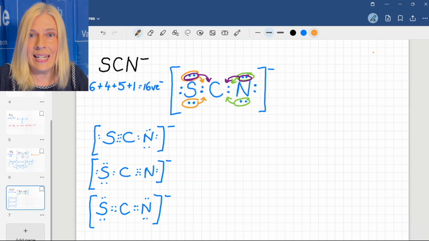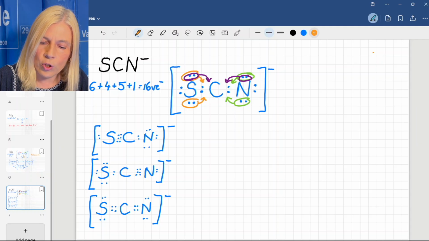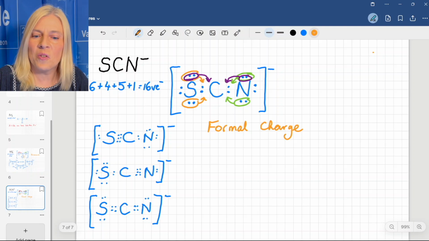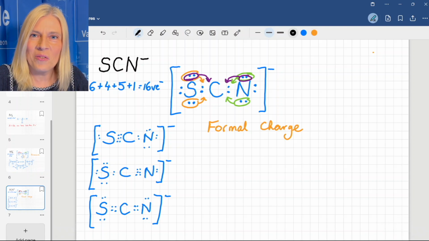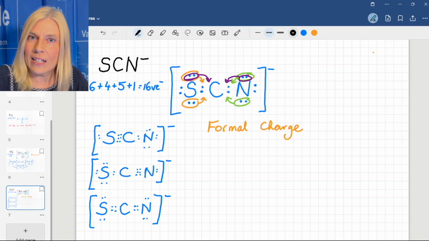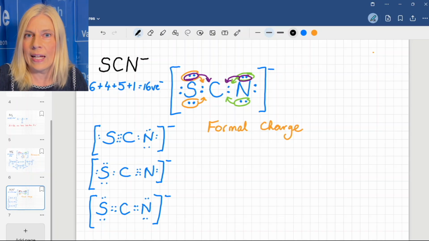To help us decide, we have to introduce a new concept. We're going to do formal charge. Okay, so what's formal charge? Maybe I should write a formula. Formal charge is a way of keeping track of electrons, and we're going to assume that electrons are shared perfectly, and half of the electrons will be assigned to one atom and half to the other.